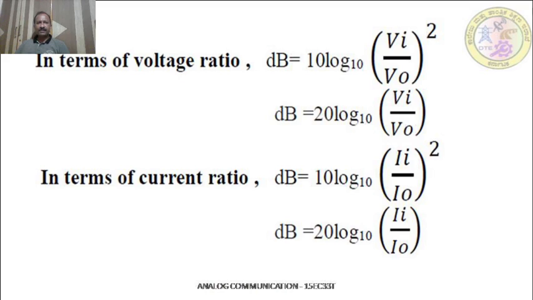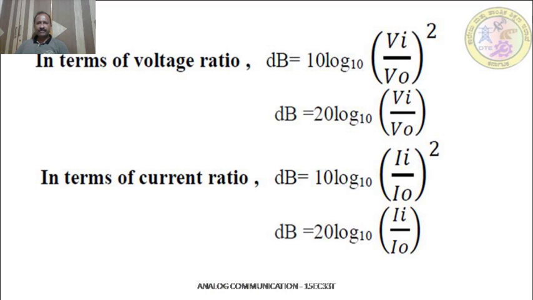You can express power is equal to voltage square divided by R. You can write input power Pi is equal to Vi square divided by R, and then P naught is equal to V naught square divided by R. Substituting in this equation, you are going to get Vi divided by V naught whole square. Using the logarithmic property, you can write dB is equal to 20 log base 10 Vi by V naught. That means you can express the voltage ratio also in terms of decibel. Otherwise, decibel you can represent in terms of voltage also.